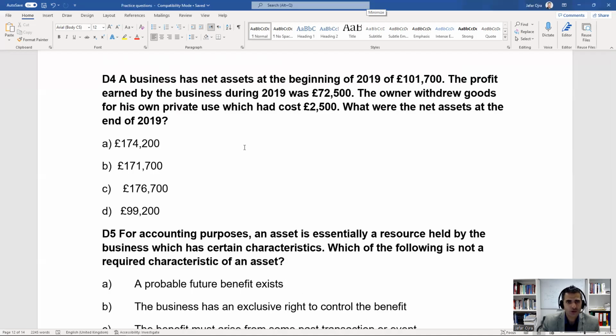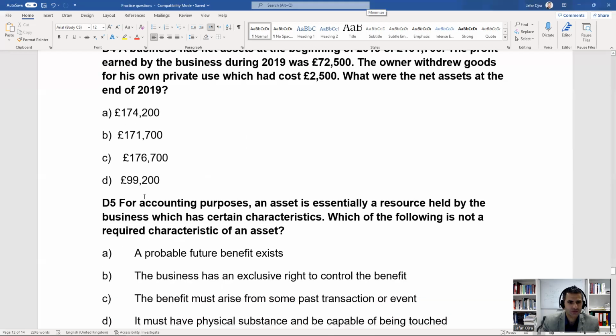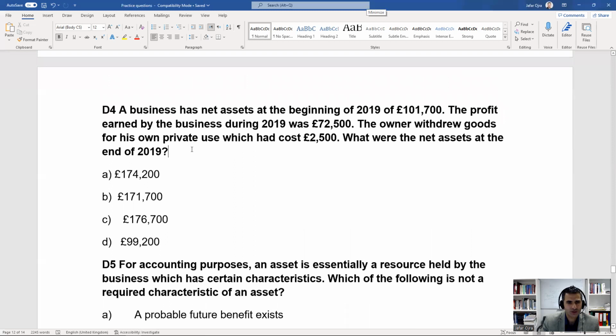The owner withdrew goods for his own private use, which had cost 500. And what were the net assets at the end of 2019? So that's a really simple question. And I think this question is very similar to the one we calculated, number 12, at the beginning. But let's have a look at this question and find out what's going on.